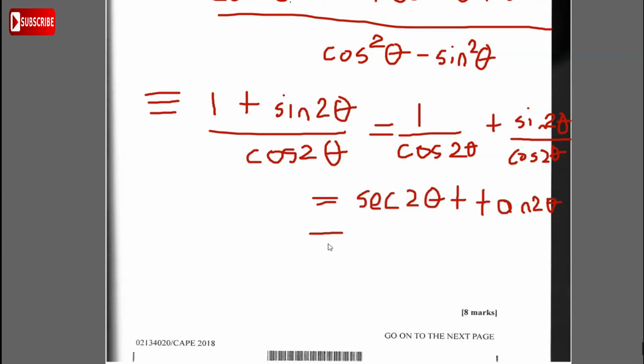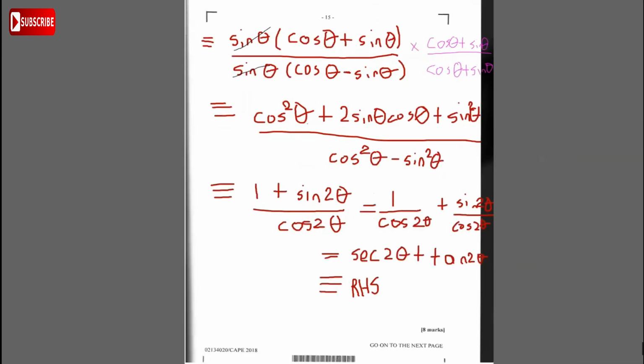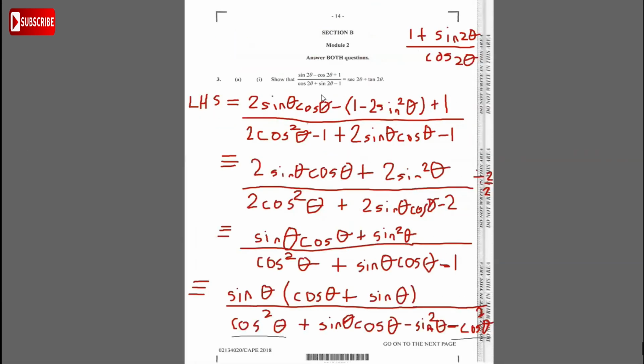That's your right hand side. Nice and easy. So we completed the proof now. We have it, that's the proof.